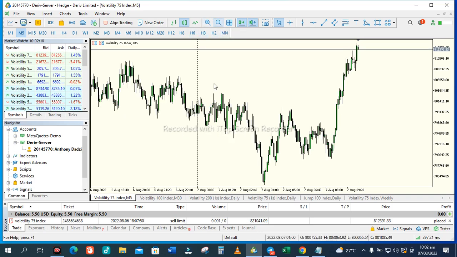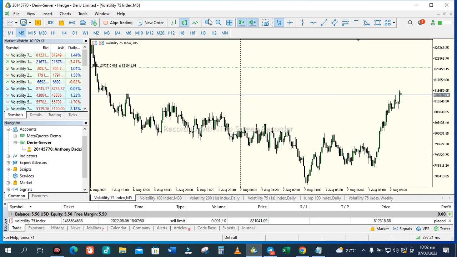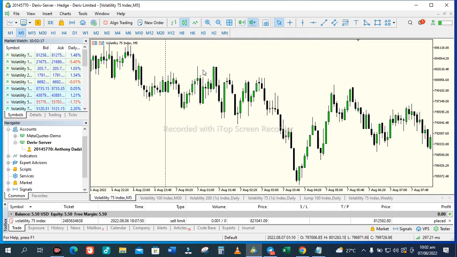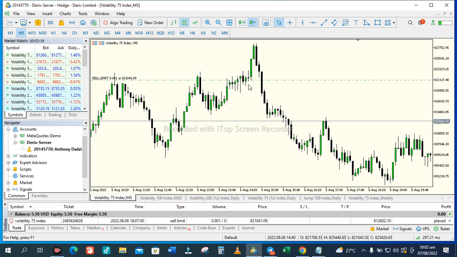On the 5 minute time frame, I saw a very nice sell zone, which happens to be this candle.